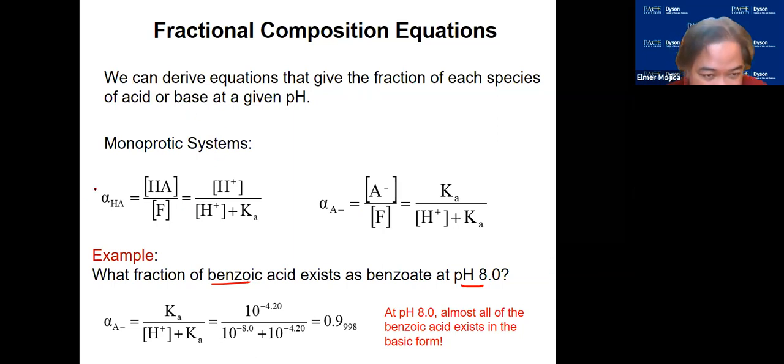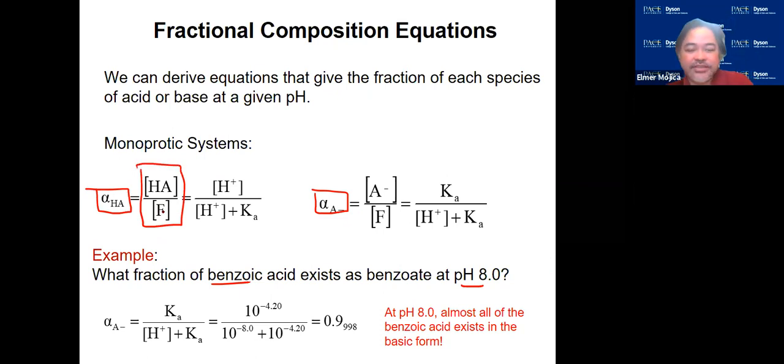So remember the one that we have earlier? The alpha of the acid or the alpha of the conjugate base. So all we need to do is just the HA over the initial concentration. Or if we're going to break them down, this is just the H plus over the sum of the H plus and the Ka.